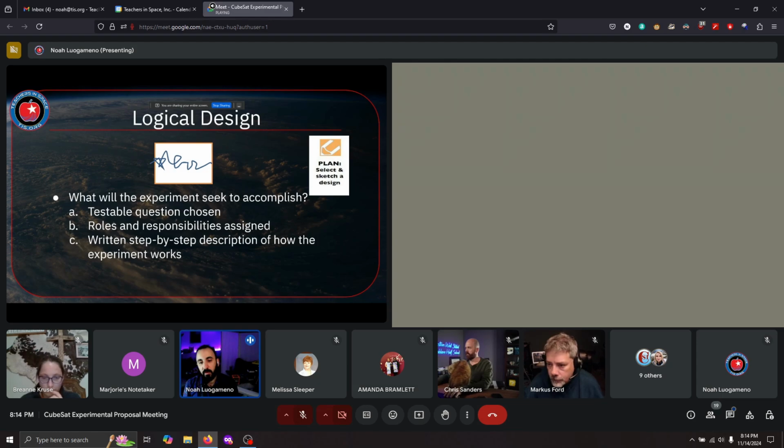And then, probably the most important aspect of the logical design is a written step-by-step description of how the experiment is going to work. So, the experiment is turned on, whether that's with a switch or connecting a power source. Then after various sensors boot up, they will start collecting data. What is that data?